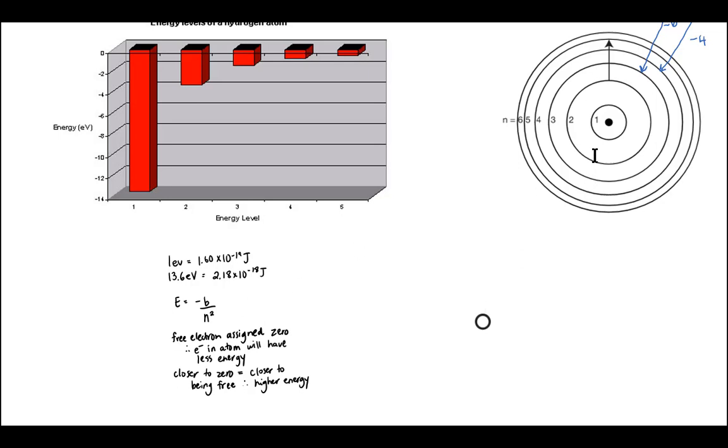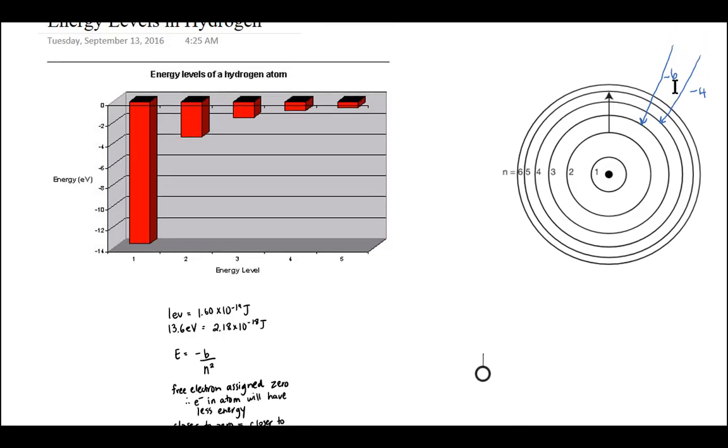Oftentimes when we draw a Bohr representation of an atom, we try to make it look perfect and have all of the rings the same distance from each other. But in this model here, you can see the relative distance a little more accurately. The difference between 1 and 2 is bigger than the difference between 2 and 3. As we move farther and farther away, the difference in energy between the shells gets smaller and smaller, and the value we're assigning to the energy is going to be negative.